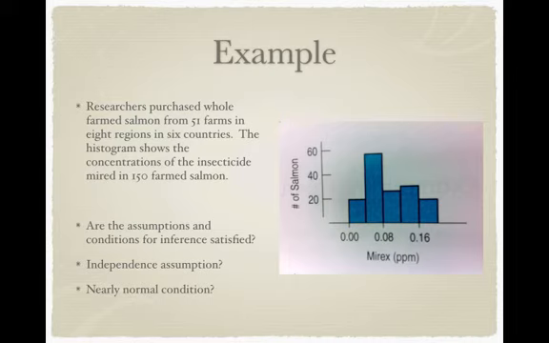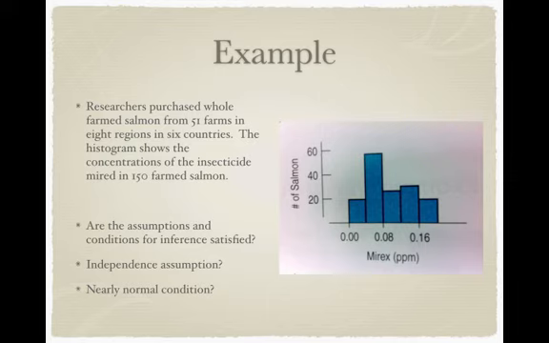They came from 51 different farms, 8 different regions, and 6 countries. Because it was spread out, I think it's pretty safe to say that the samples are independent from one another, and it's likely that this does represent a pretty good sample of salmon that are farmed worldwide. So I would say we've met the independence assumption.